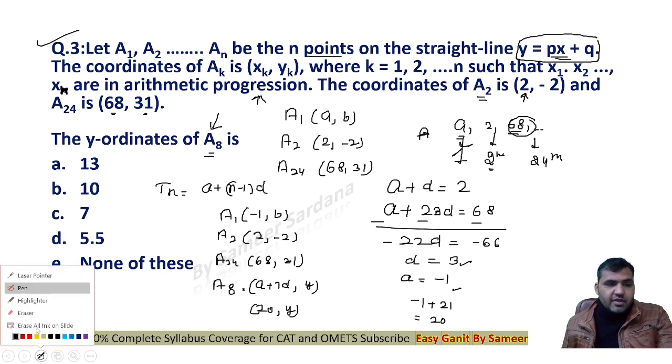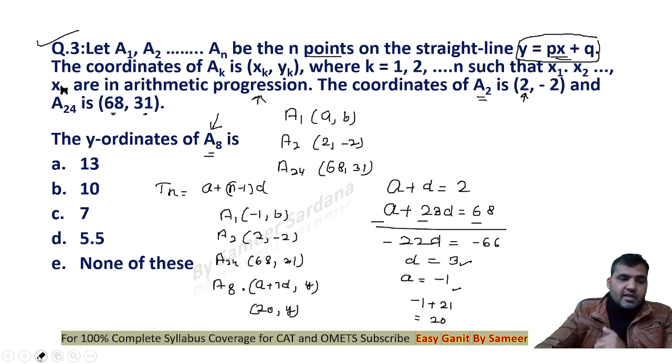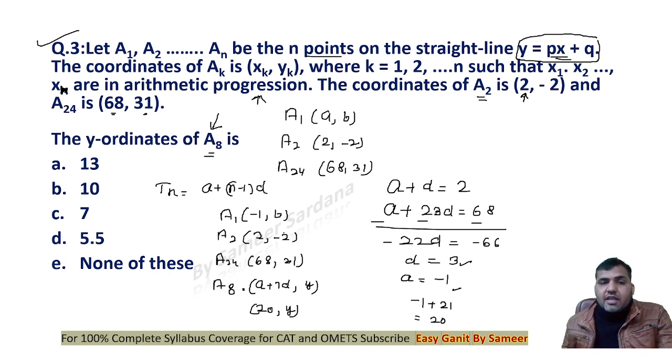What we have to do now is find out the values of p and q, because the moment I get to know the equation of the line, I'll be able to find out the y ordinate. Now guys, I know that this point lies on the line. So in y equals px plus q, if I put y as minus 2, x will be equal to 2, which is given to us.